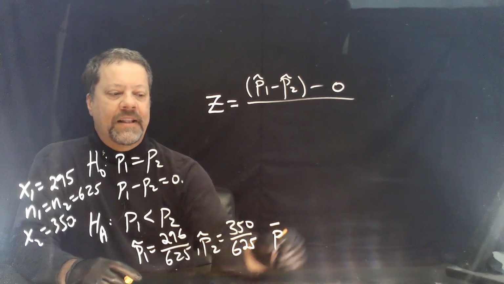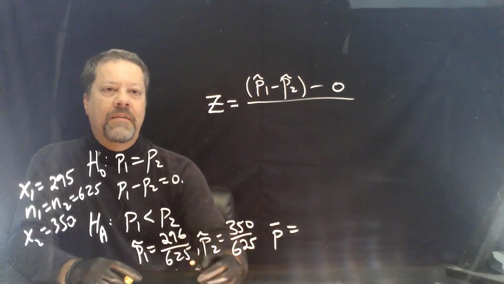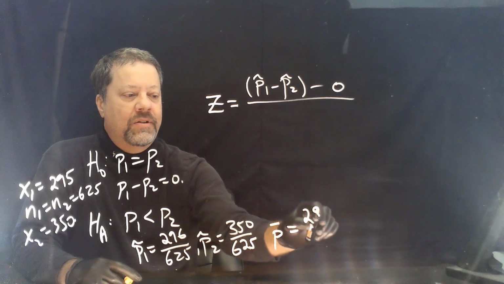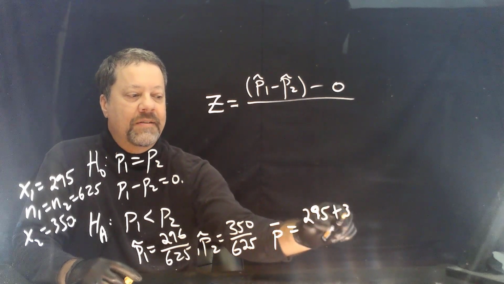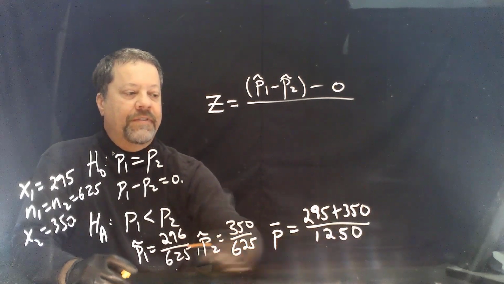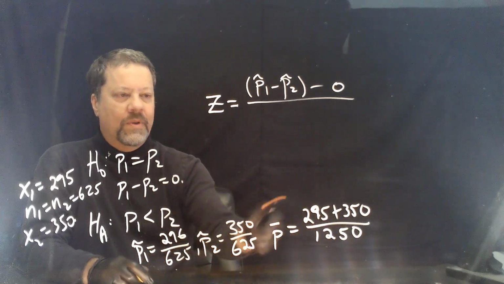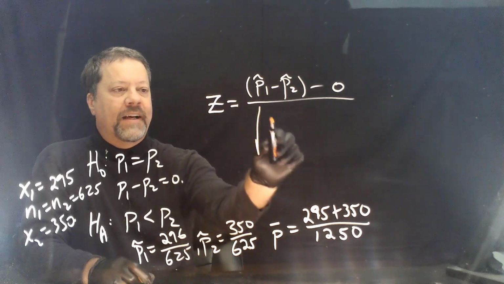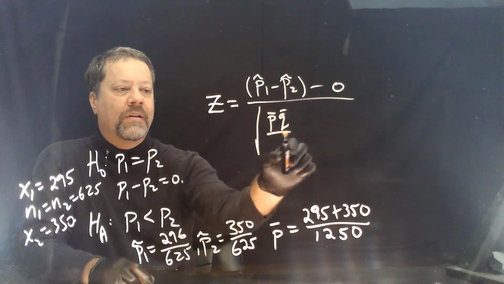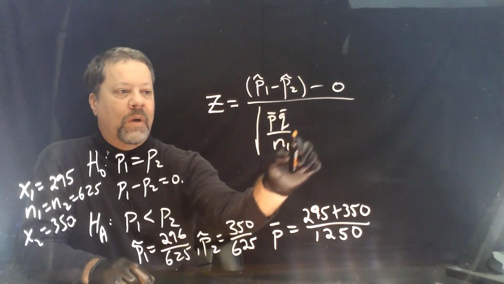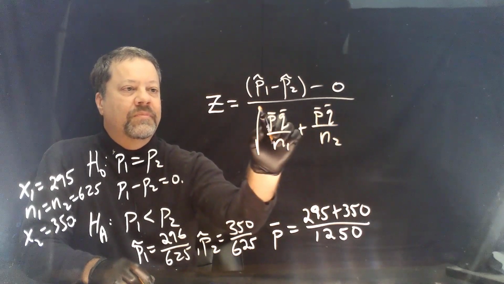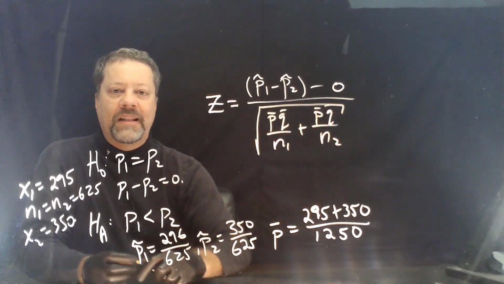We need to calculate the pooled probability of success, and that's going to be 295 plus 350 divided by 1250. Once we've calculated that, we'll divide by this pooled P bar Q bar divided by N1 plus P bar Q bar divided by N2. And that will complete the calculation.